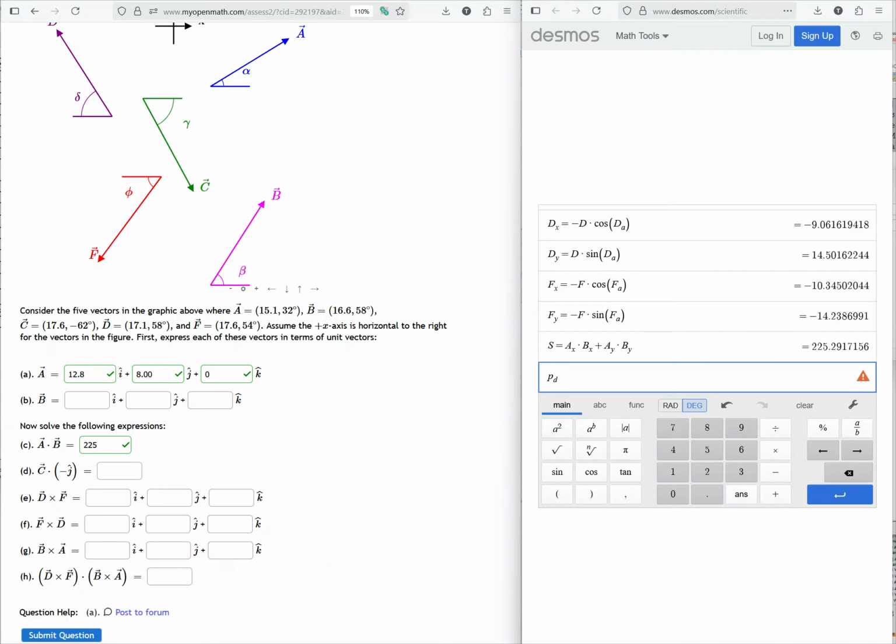No. I'm trying something here. It accepts it. Okay. See, I told you I'm just learning how to use this.